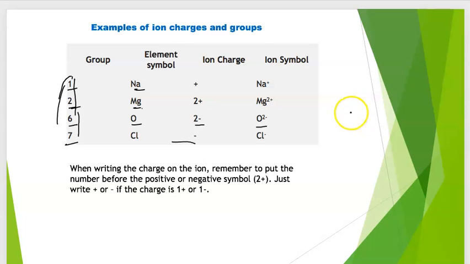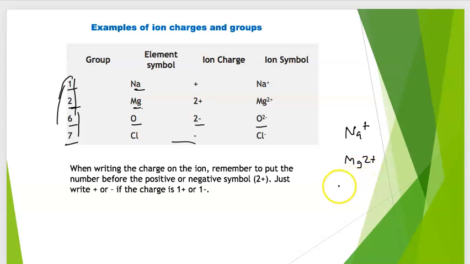Now what you need to know is that when you are writing the symbols, you've got to make sure that you write the number before the positive or negative sign. For example, if you are writing sodium, you write your Na, and sodium is 1+, so you just write the sign. Now if you want to write magnesium, you write your Mg, and write your number before the sign.